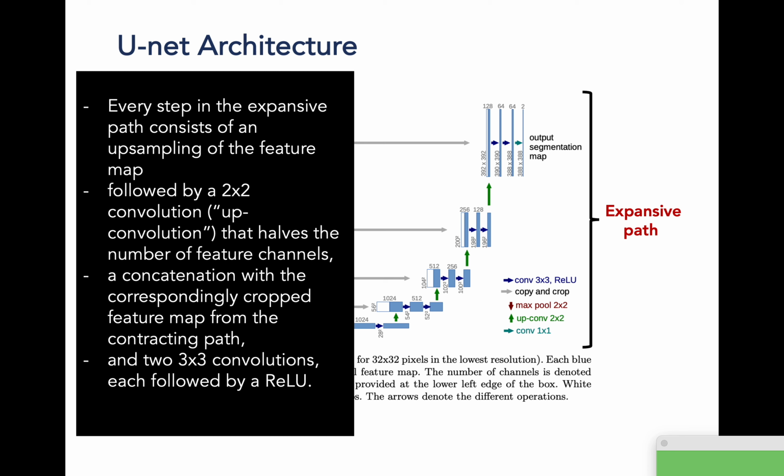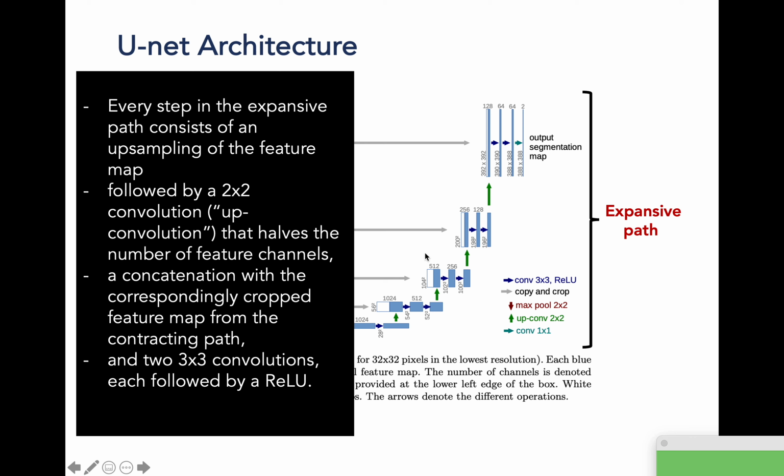Now let's look at the expansive path. Every step consists of an upsampling of the feature map, which you can see in the green arrow. This is a 2x2 convolution. You can call it an up-convolution that halves the number of feature channels for each up-convolution operation. So you can see from here 512 becomes 256, 256 becomes 128, and so on.